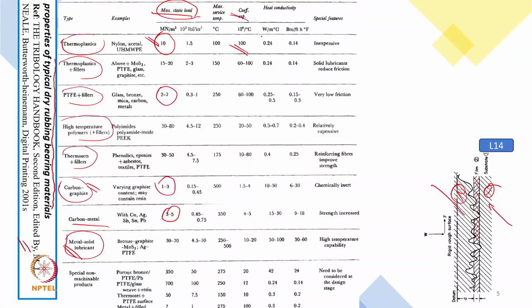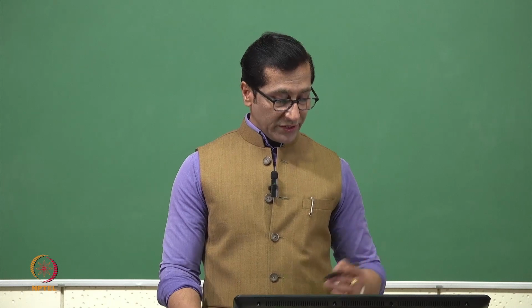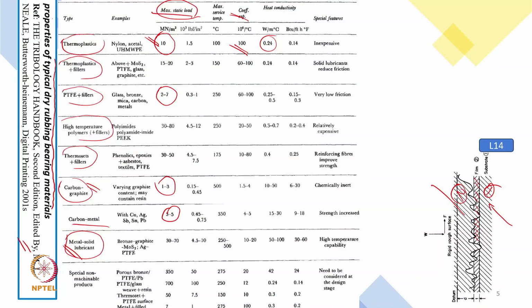And one more thing is the thermal conductivity. As I say, carbon graphite can have, and graphene can have, up to 5000 as a thermal conductivity. So it is very important, that will be a required level. We know the polymer has a low heat conductivity. You can see 0.24, 0.24, 0.25, and then 0.37, 0.3 to 0.7, thermoset 0.4.